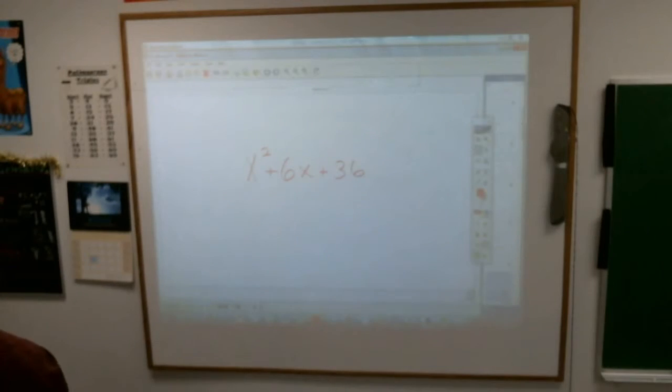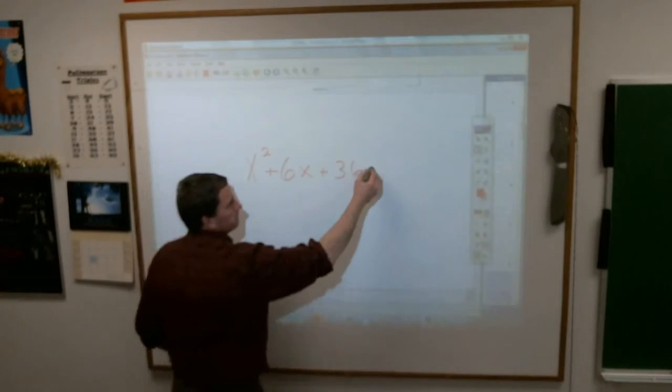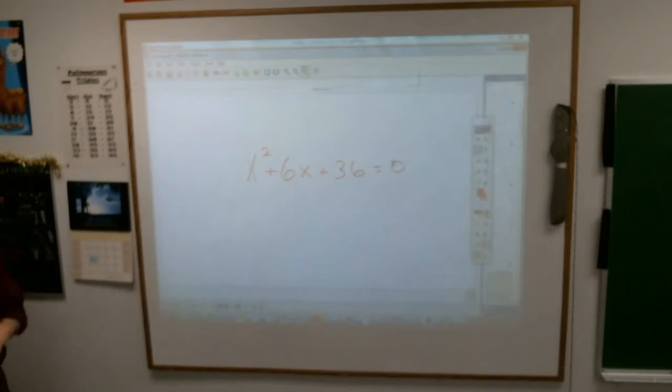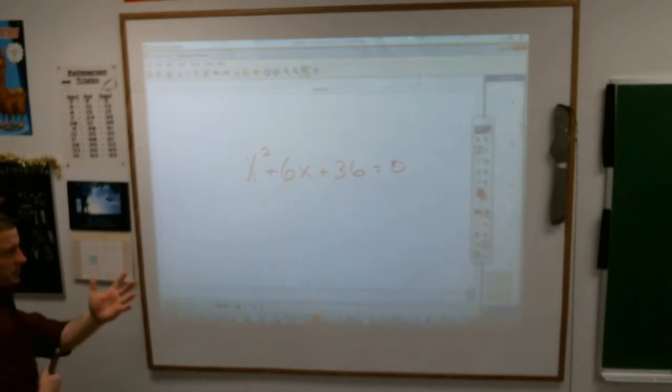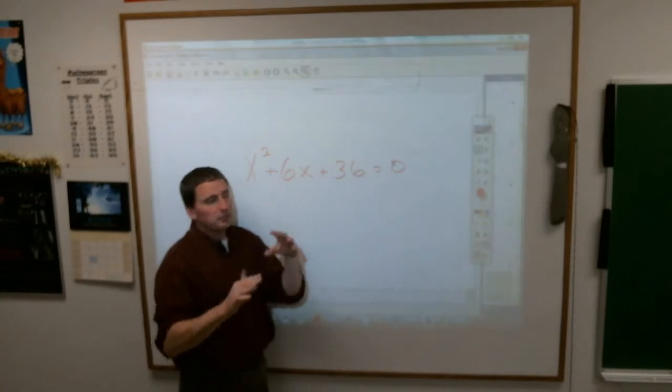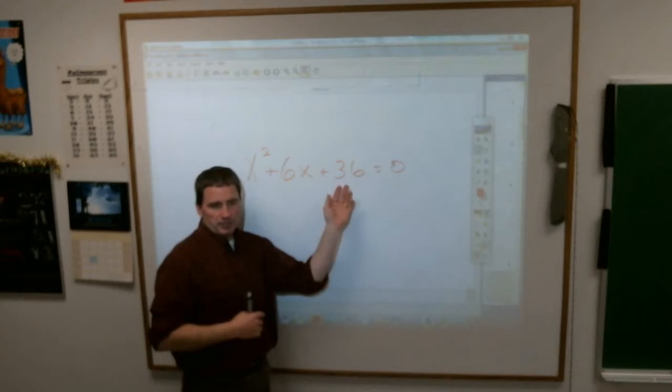What happens when you're given this trinomial? Let's make it one that can be solved, put 0 in there. What do I do? And here's the beauty of math, children. You can manipulate this equation so that it is a perfect square, because all you need to do is change this number.